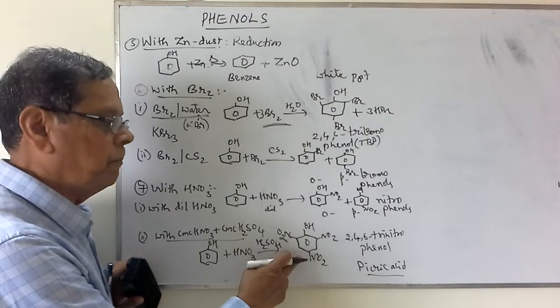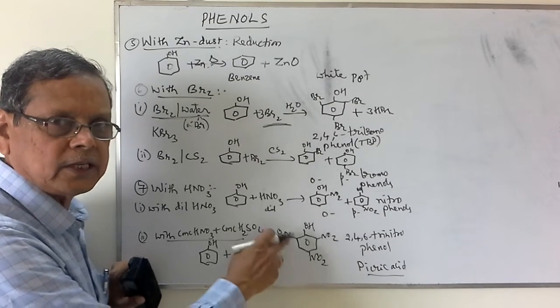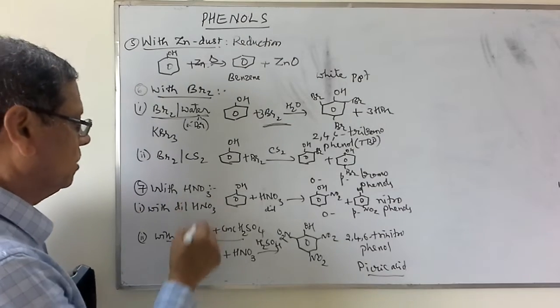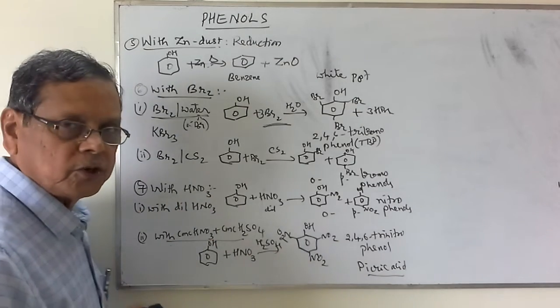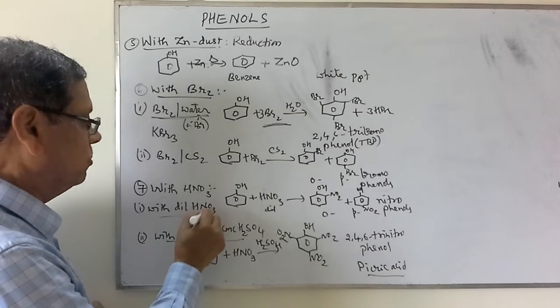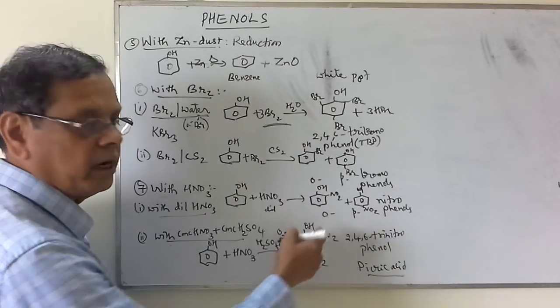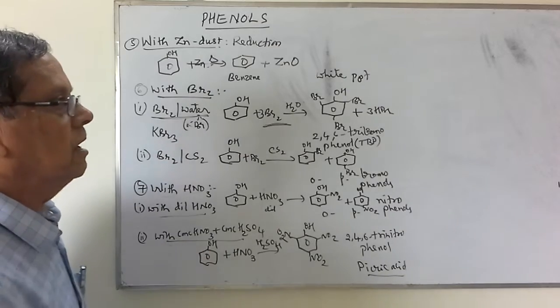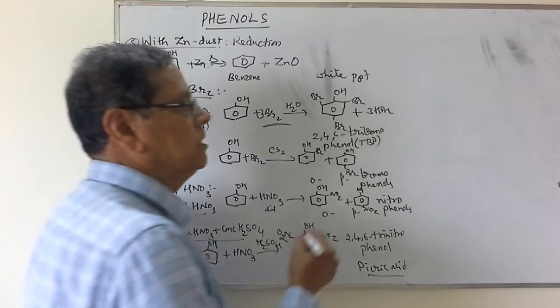Most of the nitro compounds attached to the aromatic ring are used as explosives. So with concentrated HNO3 it gives rise to 2,4,6-trinitrophenol. With dilute HNO3 it gives rise to ortho-nitro and para-nitrophenols. So this is about the reaction with concentrated and dilute HNO3.